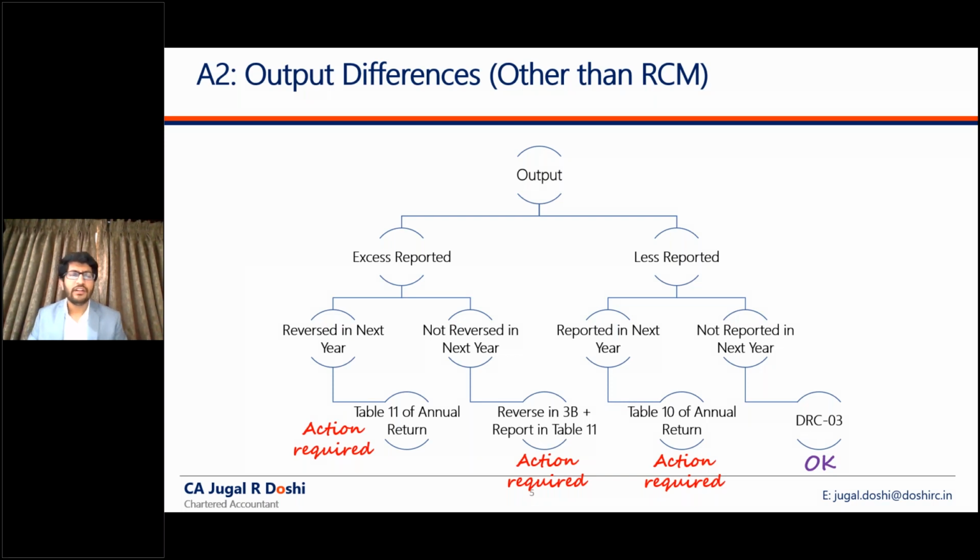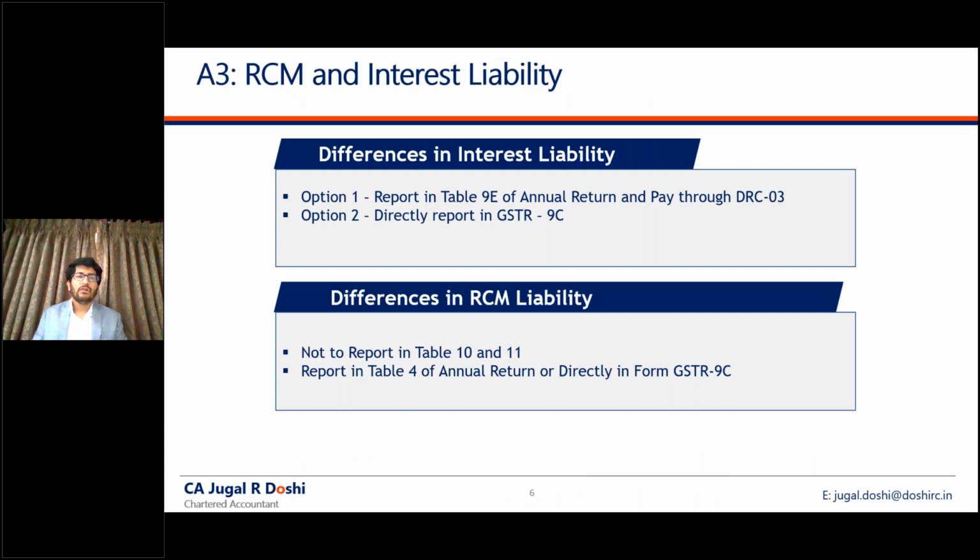Now let's proceed to differences in RCM and interest liability. So friends, while discussing output differences, I have not discussed how we should report outward liability in case of RCM transactions. We all know that it is to be reported through table 4 of GSTR 9.